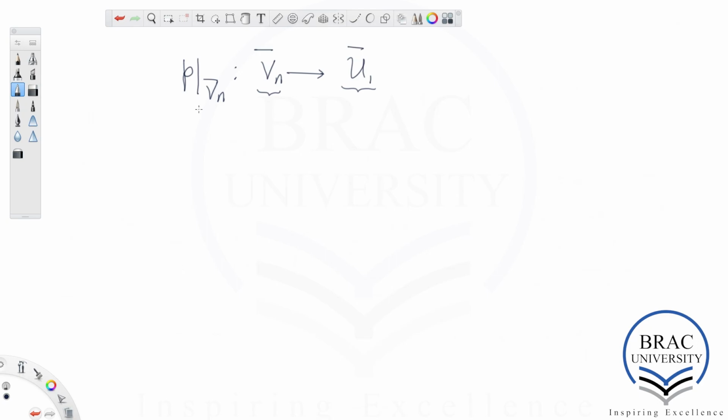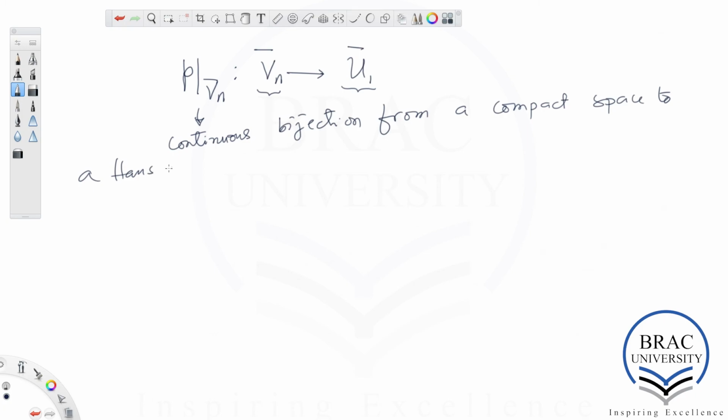Okay, so this is continuous. We have shown that it is continuous. We also have shown that it is a bijection, and we have shown that U1 bar is Hausdorff, so it's a continuous bijection from a compact space to a Hausdorff space.